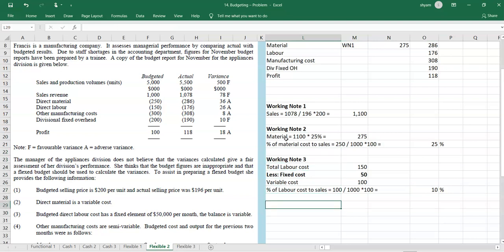Labor cost should be these two elements. We'll work it out. Okay, I think they have given us the units. I think I missed it. Units are 5000 and 5500. But either way we have started working it out.